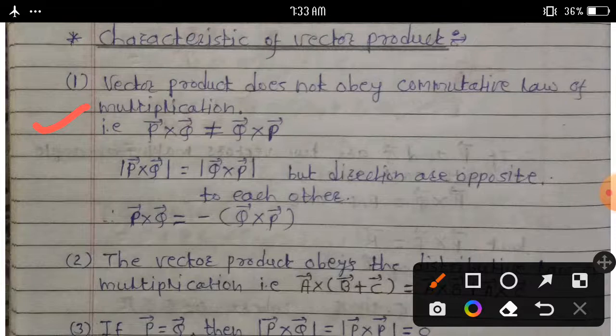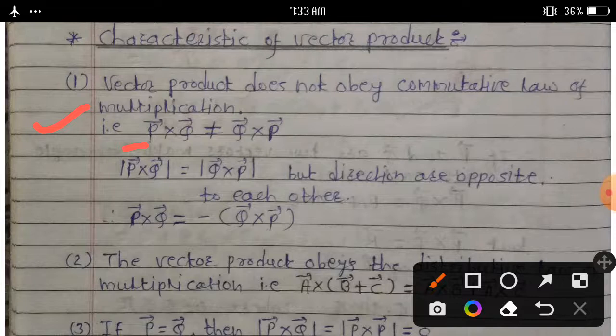In mathematics, that is p bar cross q bar is not equal to q bar cross p bar, because the direction is most important in vector products.